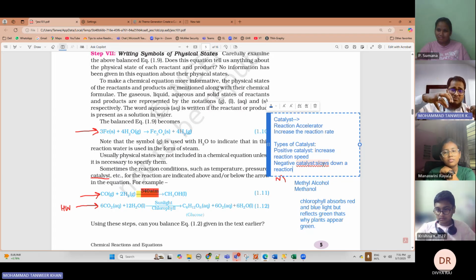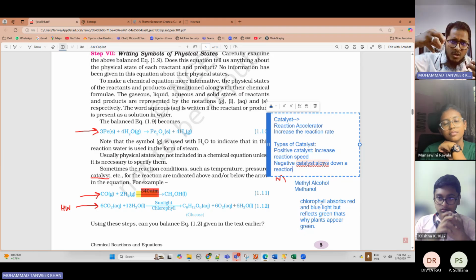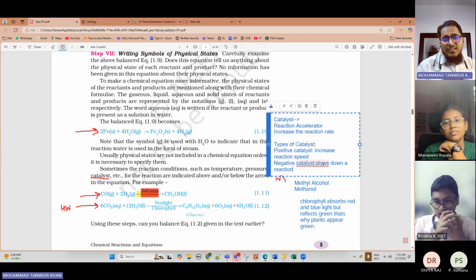If you do not use that preservative, the food will start decaying. The same thing your refrigerator does. If you keep some food in the refrigerator, it will not decay or rot in the next 1 or 2 days, because the refrigerator slows down the chemical reaction. So that acts as a negative catalyst.